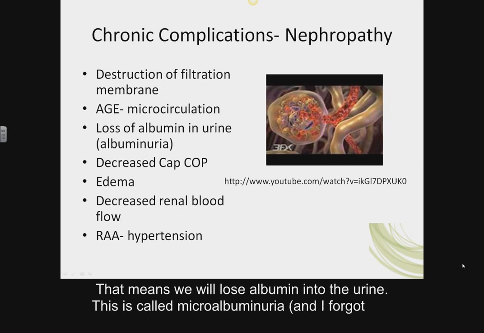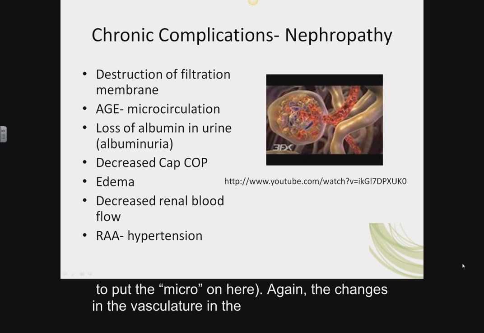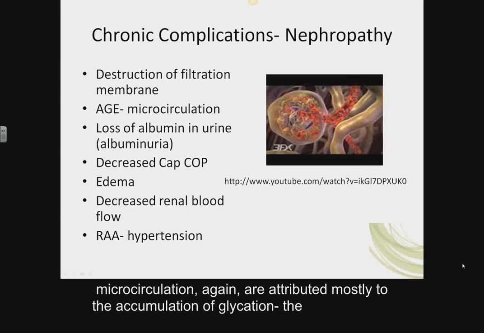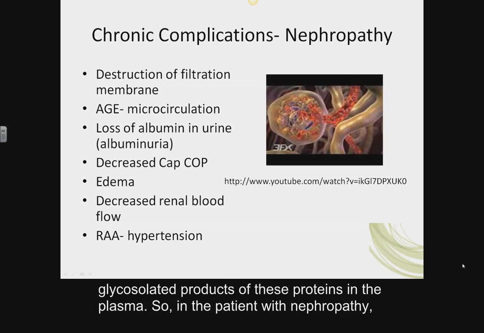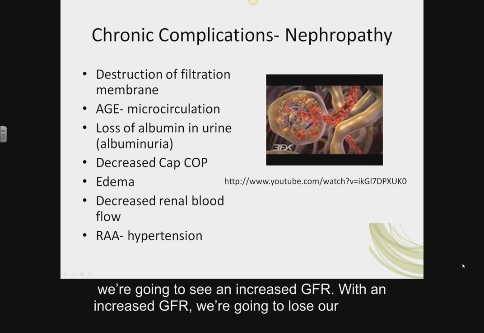Increased dilation of the afferent arteriole means that we have increased hydrostatic pressure of the glomerulus, and that means more filtration. That means we will lose albumin in the urine. This is called microalbuminuria. Again, the changes in the vasculature and the microcirculation are attributed mostly to the accumulation of glycation, the glycosylated products of these proteins in the plasma.